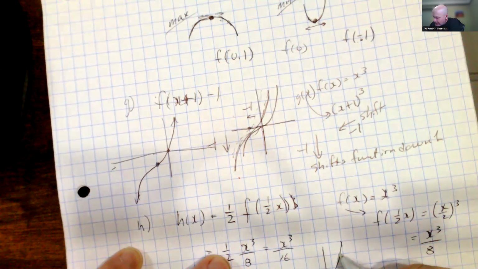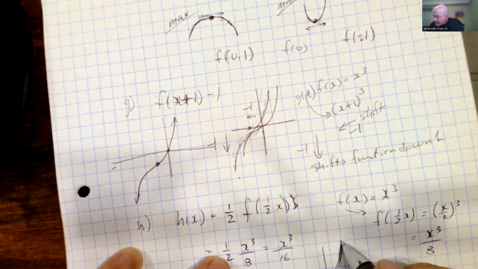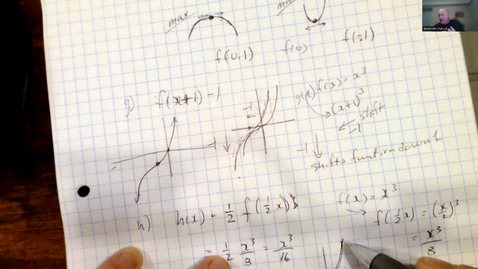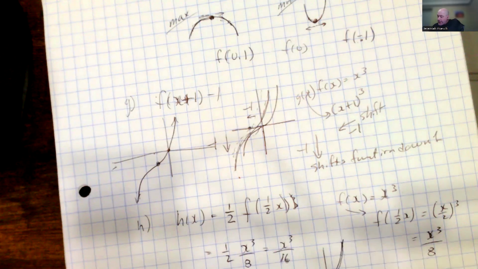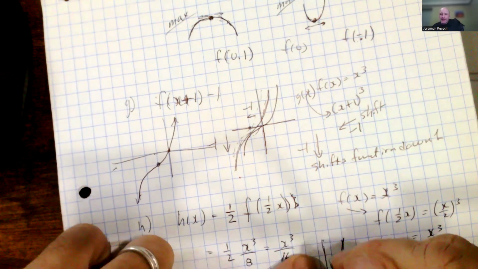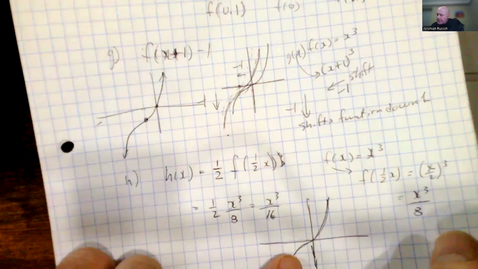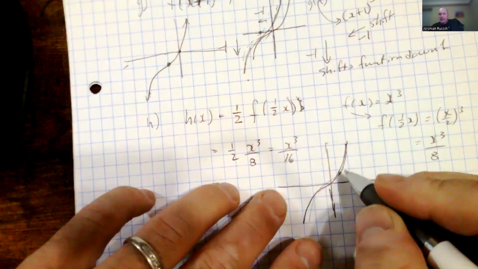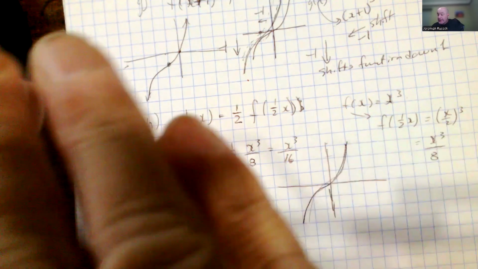So the shape of the graph keeps the same shape, but you can think of it as flattening it out, or rescaling the y-axis so that values are 16 times smaller. If you keep the same zoom, the appearance is flatter, because you're making it so much smaller.